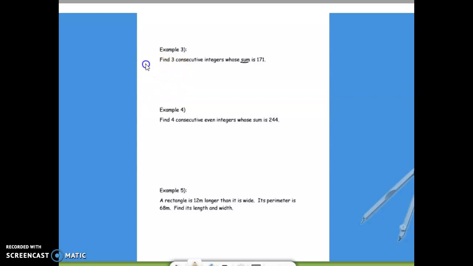So x is going to be my first one, right? x plus 1 would be my second consecutive integer. And then x plus 2 will be my third, right?